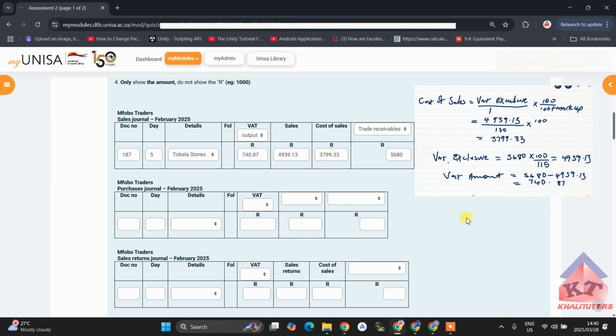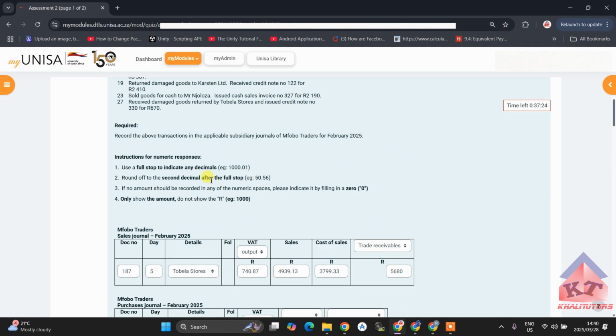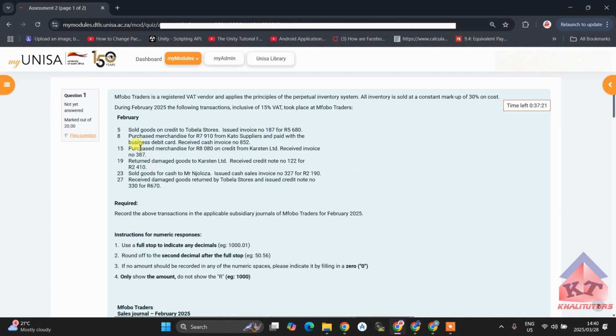Okay, so that's one of the things that you need to look out for when you're dealing with your perpetual inventory system. Whenever you record your sales, you must also record your cost of sales. Okay, so let us move on to the next instruction or statement.